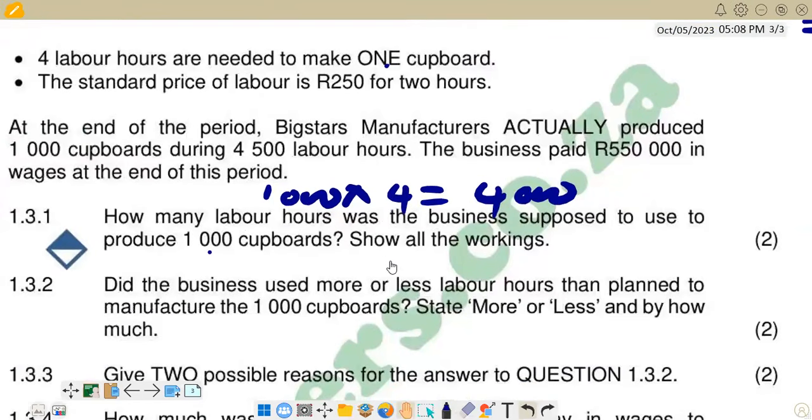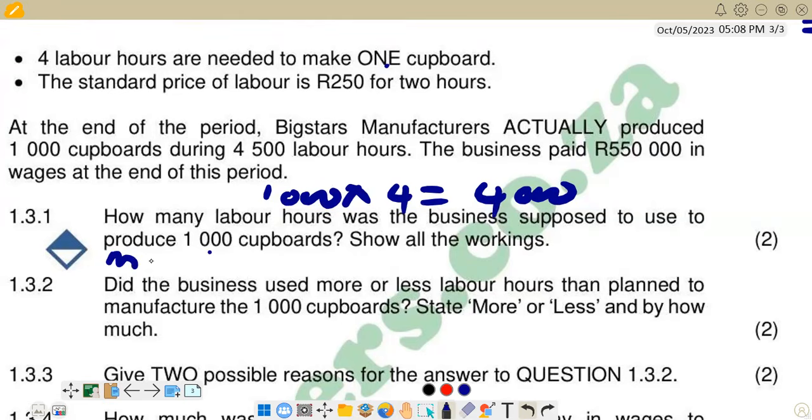Then we go to the next one. Did the business use more or less labor hours than planned to manufacture 1,000 cupboards? Say more or less, and by how much? So if you look here, the business used 4,500 labor hours, but the standard one was 4,000. So it means it used more. It's clear there.